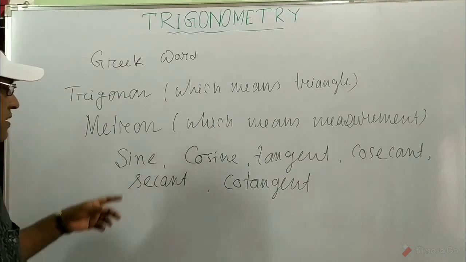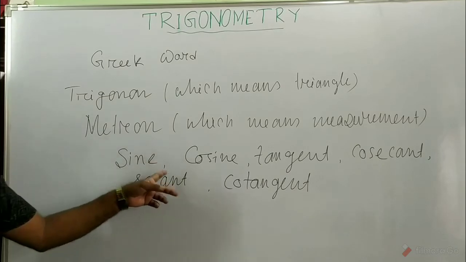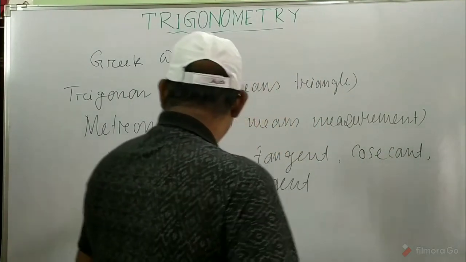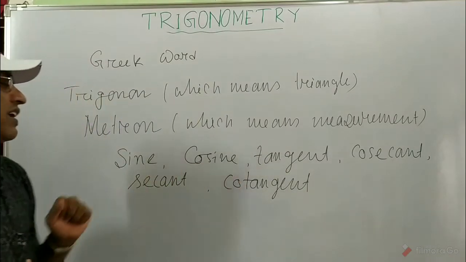So these are the ratios: sine, cosine, tangent, cosecant, secant and cotangent.